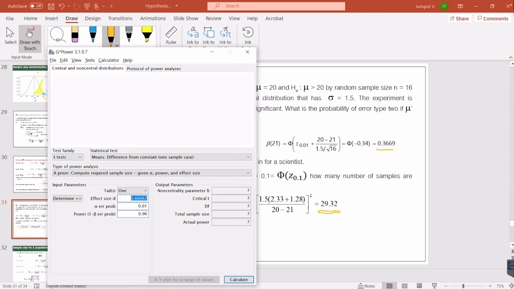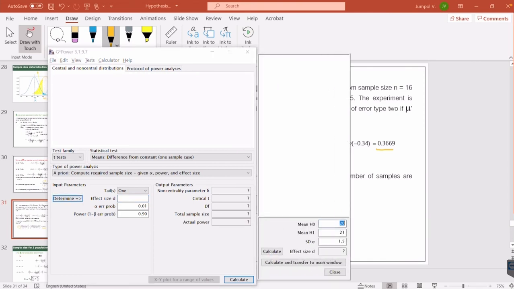The effect size D, we calculate by clicking on this determine button. In this determine button, okay, I have to delete this. We just enter the mean of the sample, the mean of population 1 and the mean of population 2, and the standard deviation, which is 1.5.